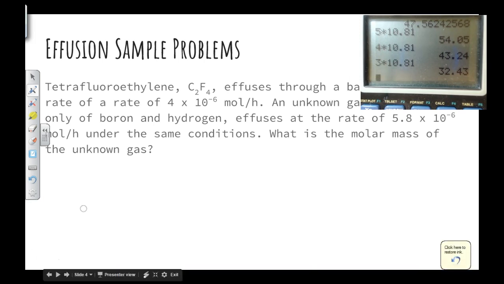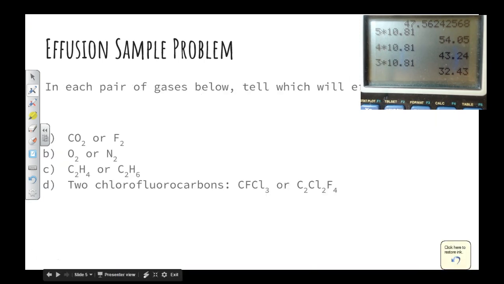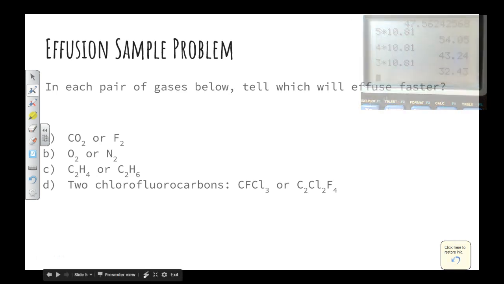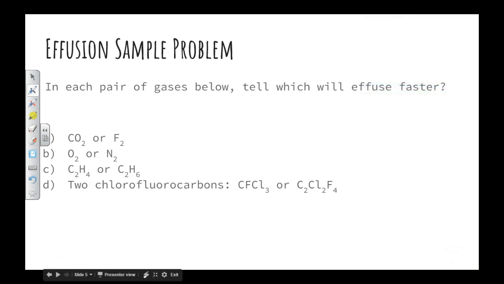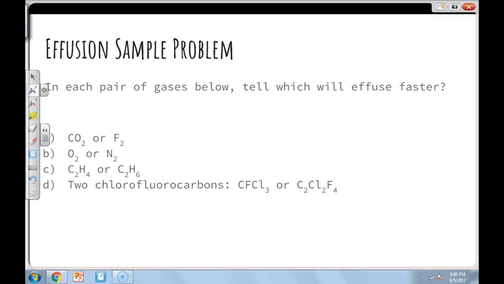Let's do another sample problem about effusion. This is more of a multiple choice thing. So I'm going to get rid of my calculator. You can see here that the question is, which one is going to effuse faster? Well, the ones that effuse faster are the ones that weigh less. So it's really just a matter of calculating molar mass and going from there.